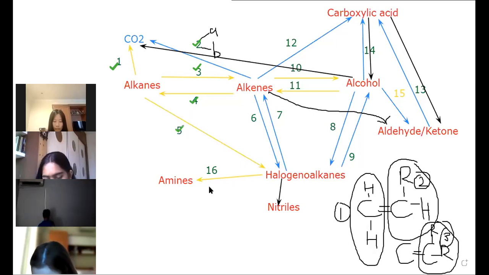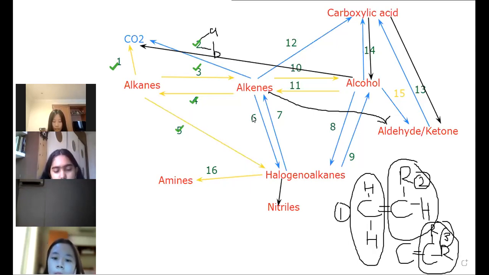Okay, next, number 6. Let me ask Bhavya. Bhavya, what is the catalyst and condition for alkenes becoming halogenoalkanes? A halogen or hydrogen halide is used.